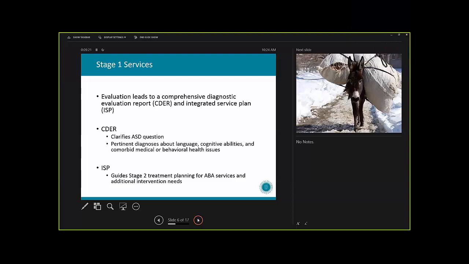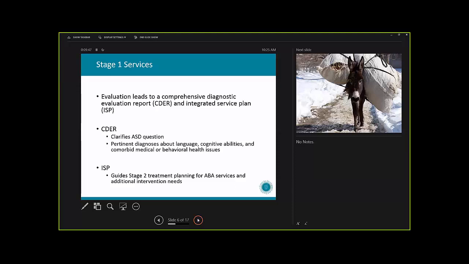So what we're doing is we're taking recommendations that not only relate to our recommendation for ABA services, but also what other areas a family or an intervention provider needs to pay attention to. Again, this can be any therapeutic services, speech language, occupational therapy, early intervention, any medical issues.